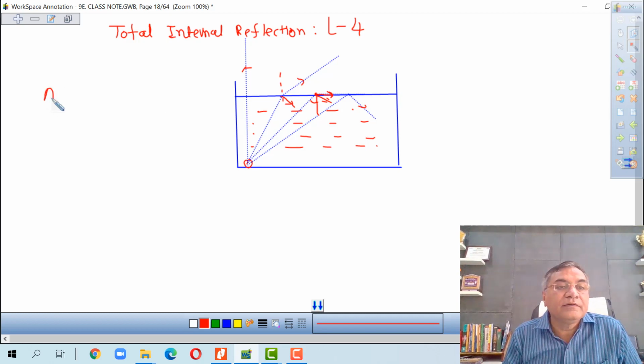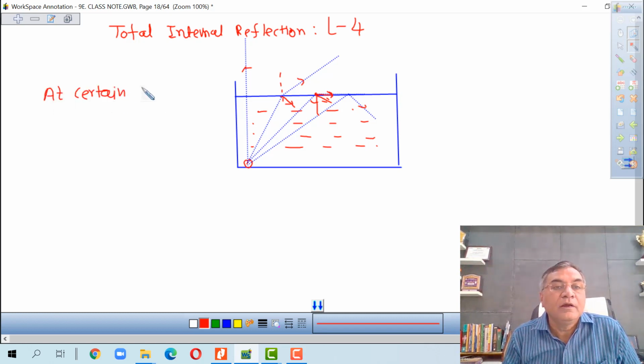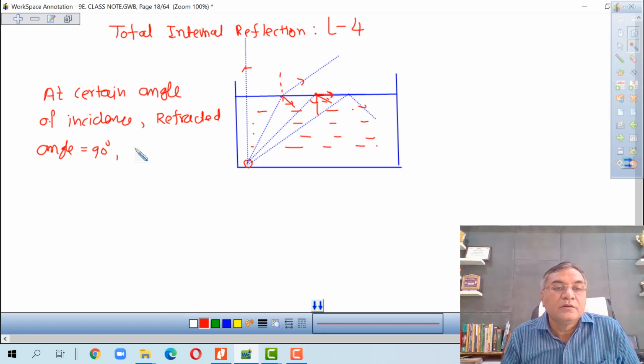So at certain angle of incidence, refracted angle equal to 90 degree, called critical angle, IC.